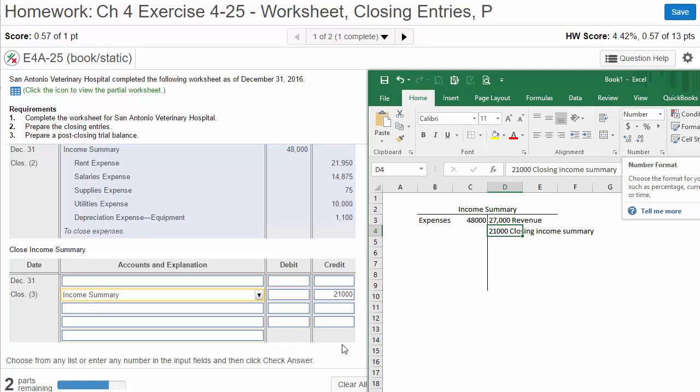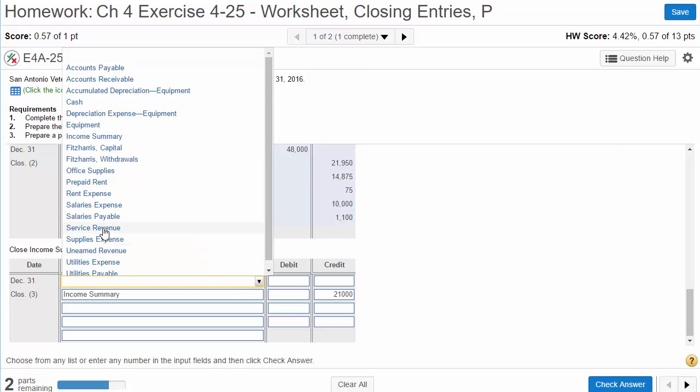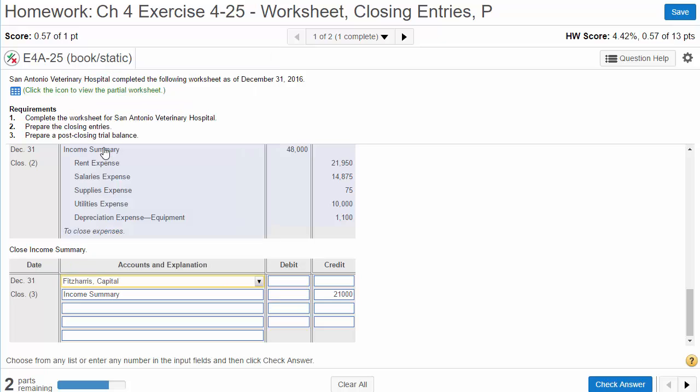All right, now where do we close income summary to? Income summary, which remember contains either net income or net loss, gets closed to capital. So Fitzharris, capital. Fitzharris is the name of the owner apparently. And that's going to be 21,000. Now you should always double check this to make sure you didn't make any errors.